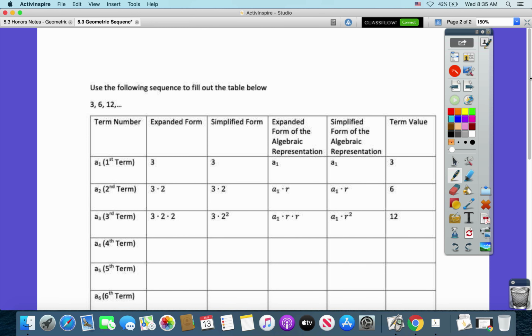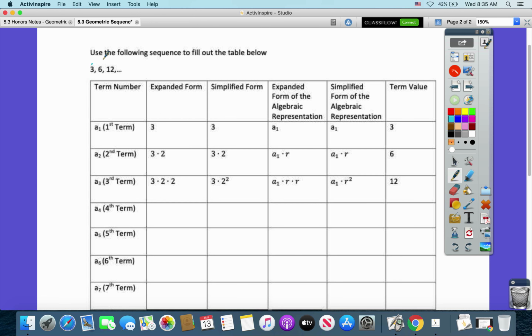Moving on to this table, now we have the same pattern, 3, 6, 12, but we've got a little bit more in our table. So again, we're multiplying by 2 each time to get the next number. So to find the fourth term, we know we'd have to multiply 3 times 2 times 2 times 2. And if we are multiplying by 2 three times, we can change this to 3 times 2 to the third power. 3 is our first term in this case, so we can rewrite that as a sub 1.